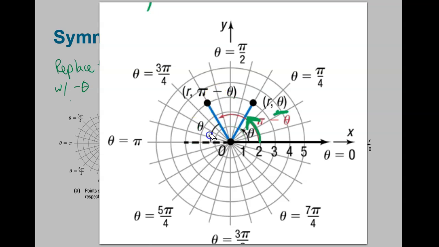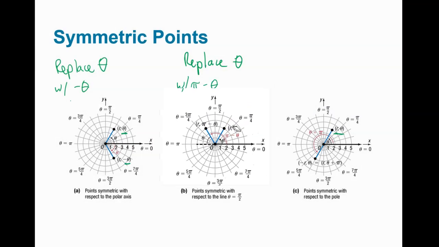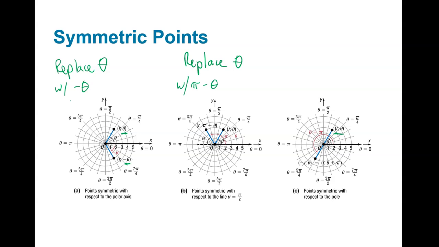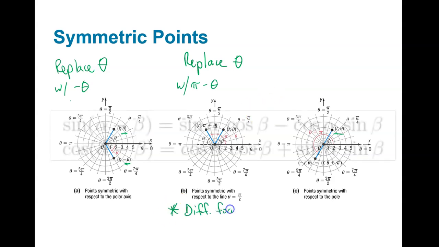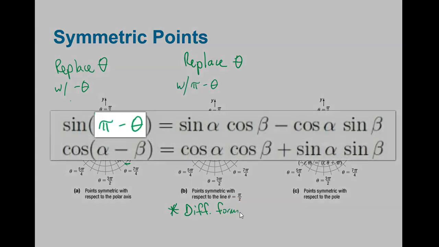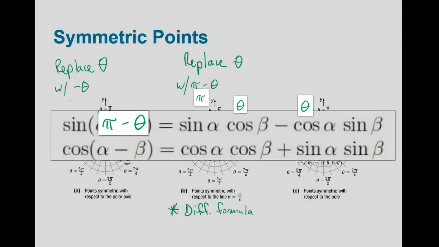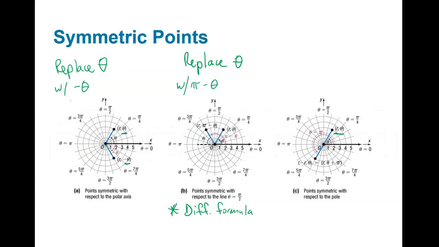That's why it's y-axis symmetry. So we replace theta with pi minus theta and see if we get back to what we started with. This will often require the difference formula for sine and cosine when we have sines, cosines, or tangents in our equations, because we're replacing the angle with a difference inside the sine, cosine, or tangent. So we will need the difference formula when we do that symmetry check.